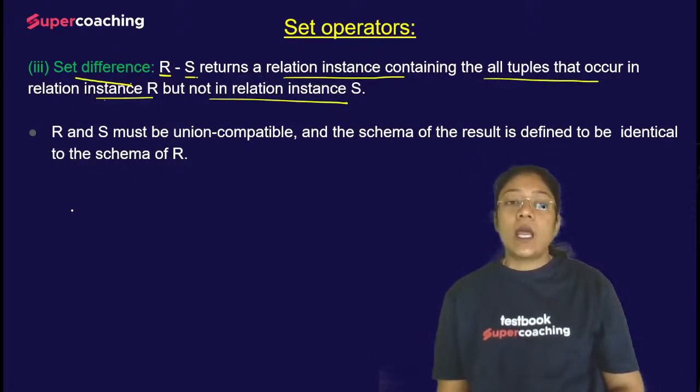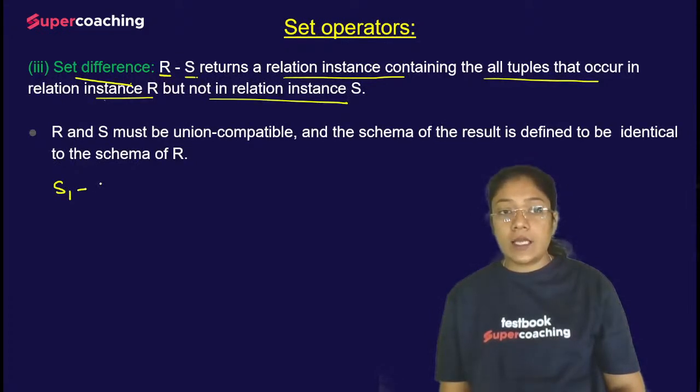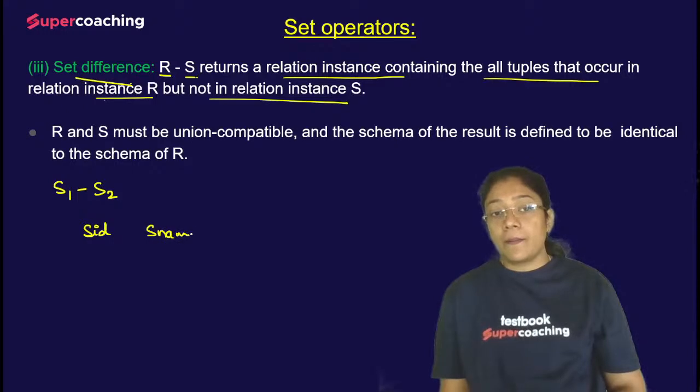Now let us assume that I want to execute S1 minus S2. This indicates that in the resultant relational instance, we will be having the tuples which are a part of S1 but not in S2. Structure will be the same. So here we'll be having the SID, S name, rating, and age.